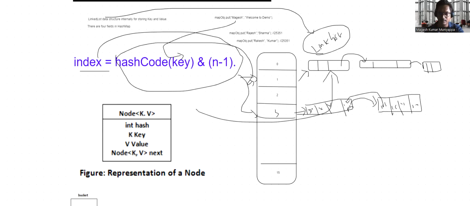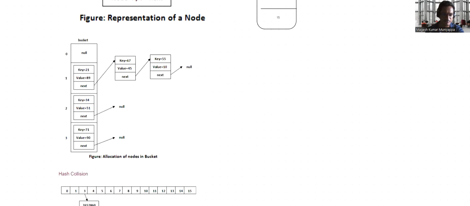From the bucket, it checks whether any element is present. It then creates a new node, and that node points to the previous one, and its next will be null. Likewise, it adds elements one by one to the linked list. Here is another picture representation of how the key values are stored.